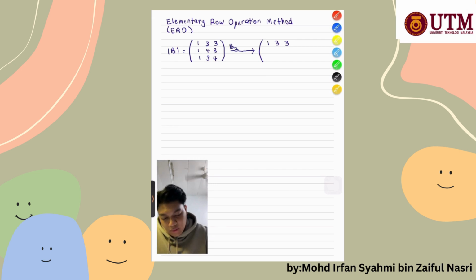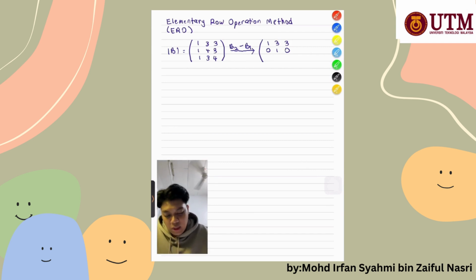We just write R2 minus R1. So for the first row we just copy, and the second row we have 0, 1, 0.